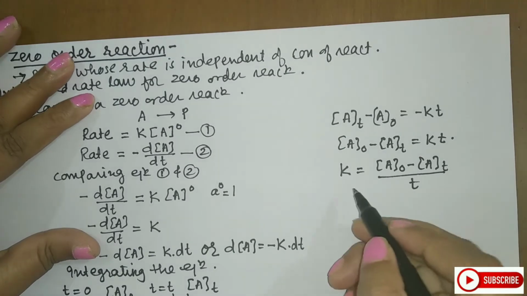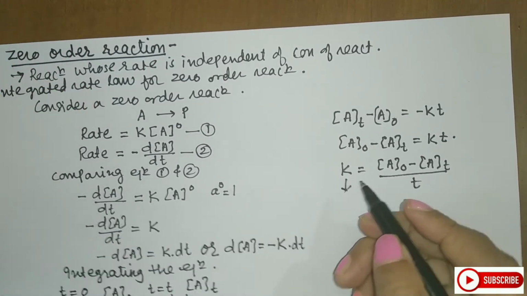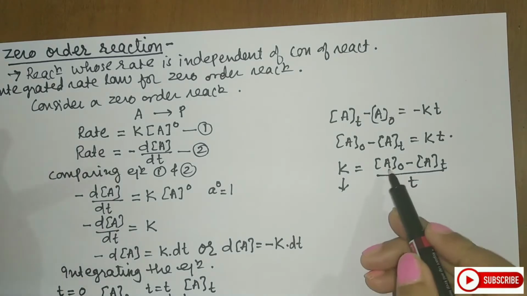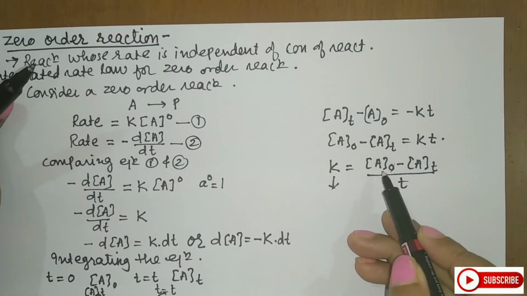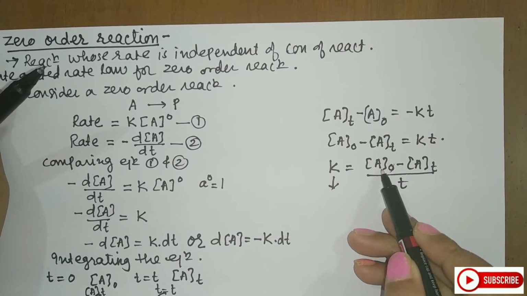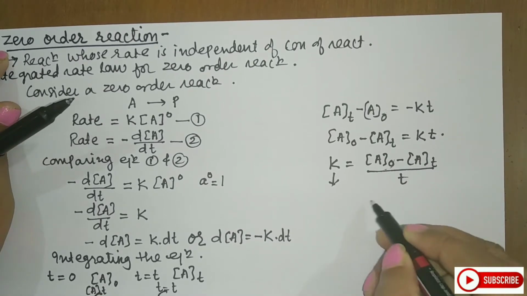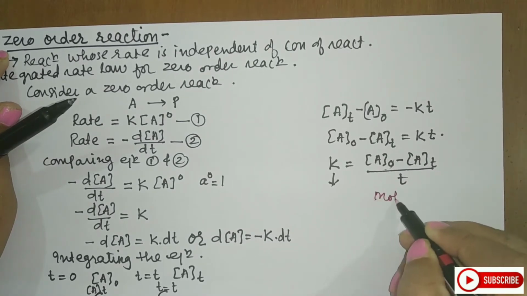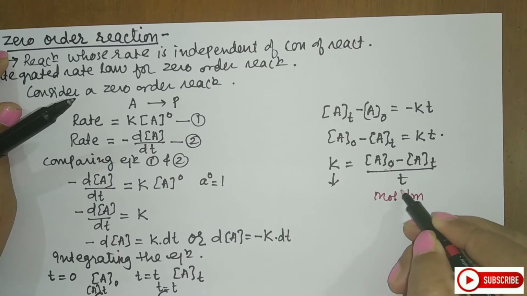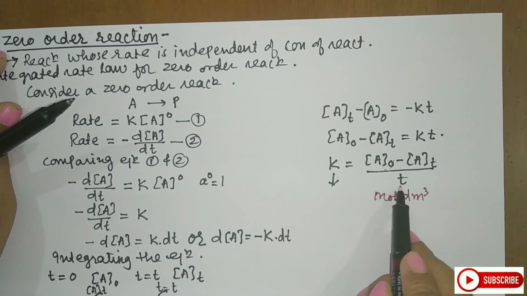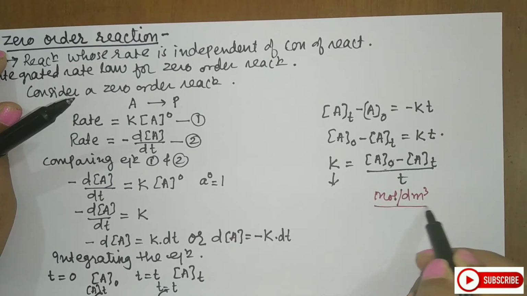Now let us see the unit for this rate constant. You know that this is the active mass. The unit for active mass or the molar concentration will be mole per dm cube or mole per liter. The same will be the unit for this, and therefore the difference unit will come to mole per dm cube. Now for time, let us take the unit as second.